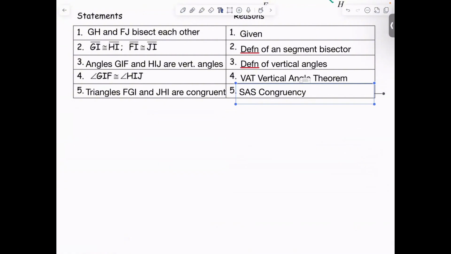Most teachers would just accept that, you know, the SAS part, but we'll double check here. Give me a second. Yeah, I have postulate here. Yeah, but most students or most teachers would accept SAS congruency.